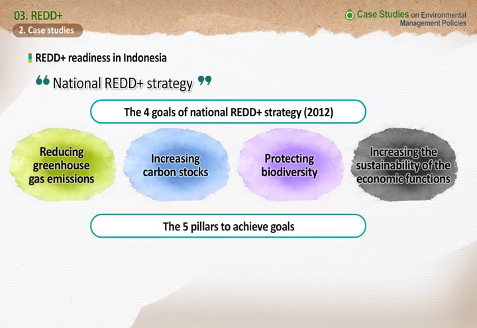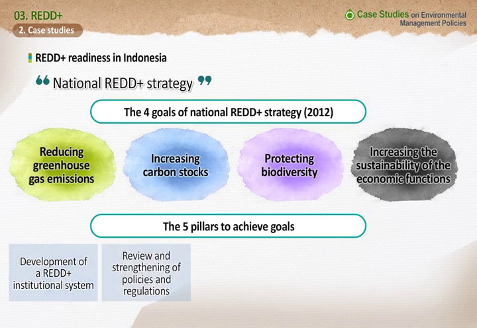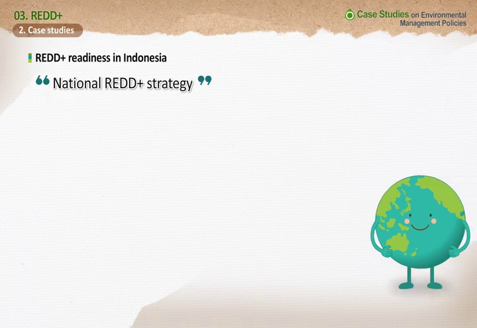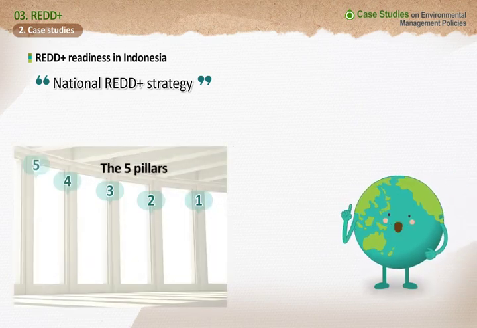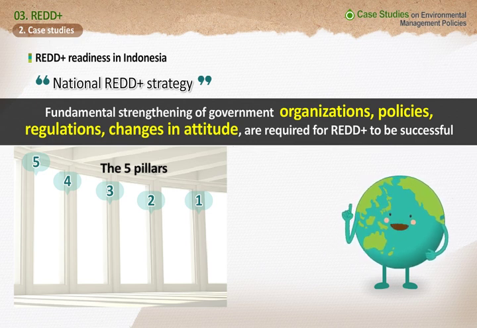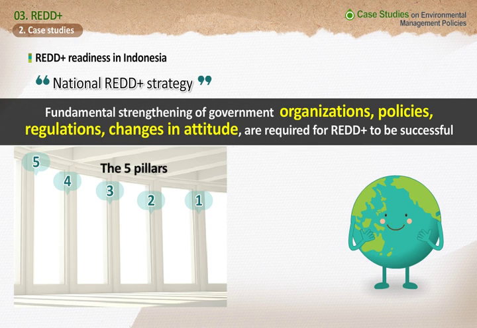To achieve these goals, the strategy builds on 5 pillars: development of a REDD+ institutional system, review and strengthening of policies and regulations, launching of strategic programs, changes to the work paradigm and culture, and inclusion or involvement of stakeholders. These pillars reveal that the government understands that fundamental strengthening of government organizations and policies and regulations, as well as changes in attitude, are required for REDD+ to be successful in Indonesia.